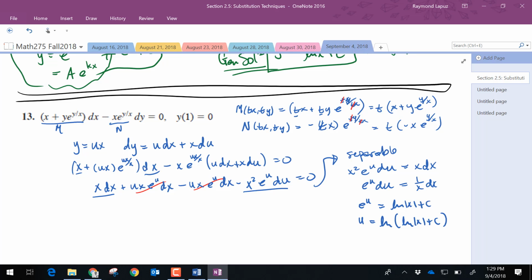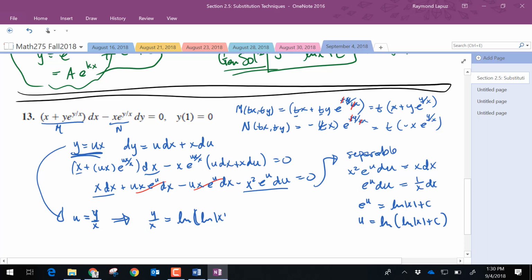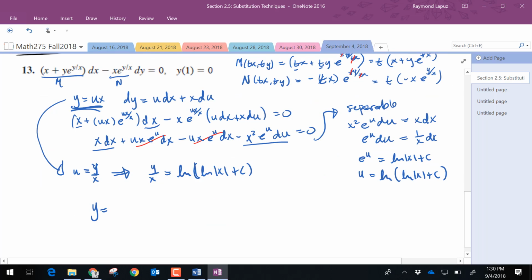I suppose we still need to replace our substitute for u. So this is y over x. And so y equals x times ln of ln x plus c.